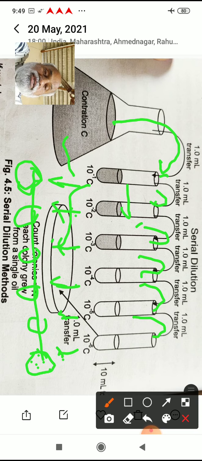Any microbiologist is in need of this knowledge, and almost all, though not in detail, we have tried to look at what basic things the microbiologist or plant pathologist must have. So okay, I think you might have understood the basics of these methods.